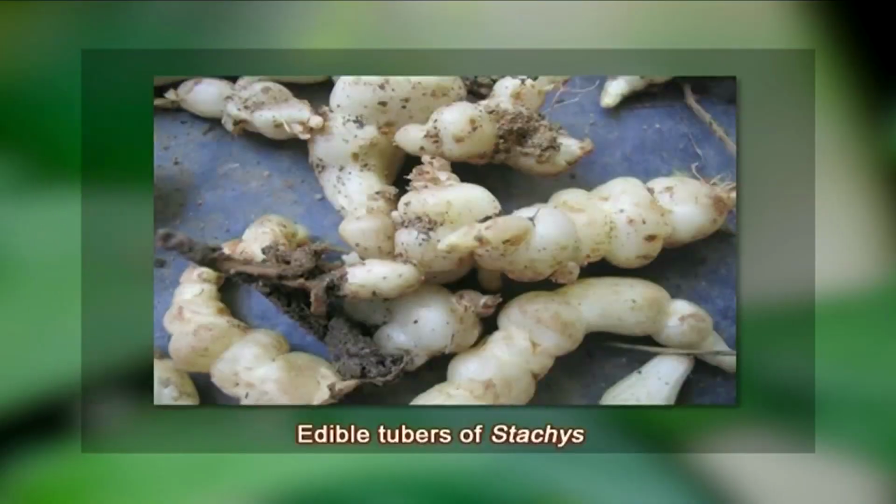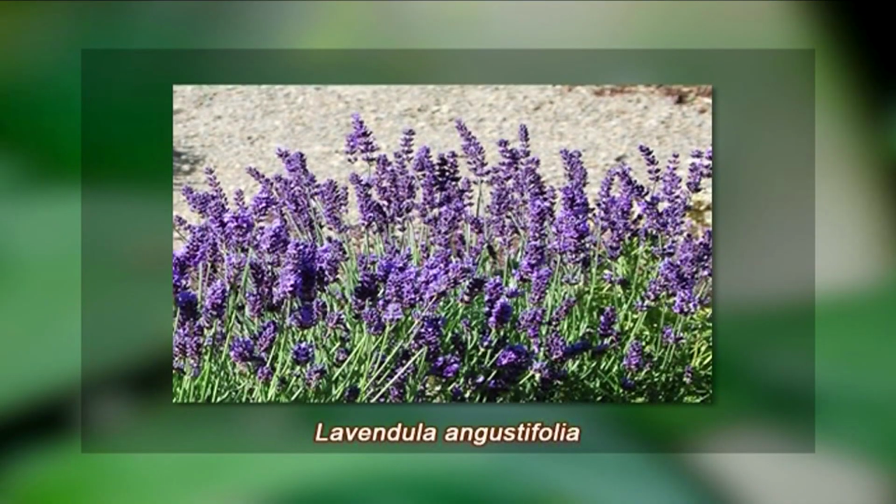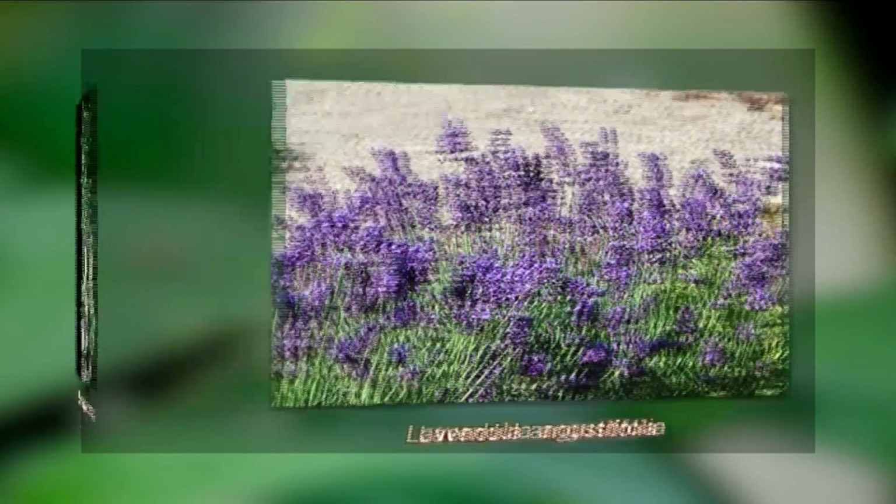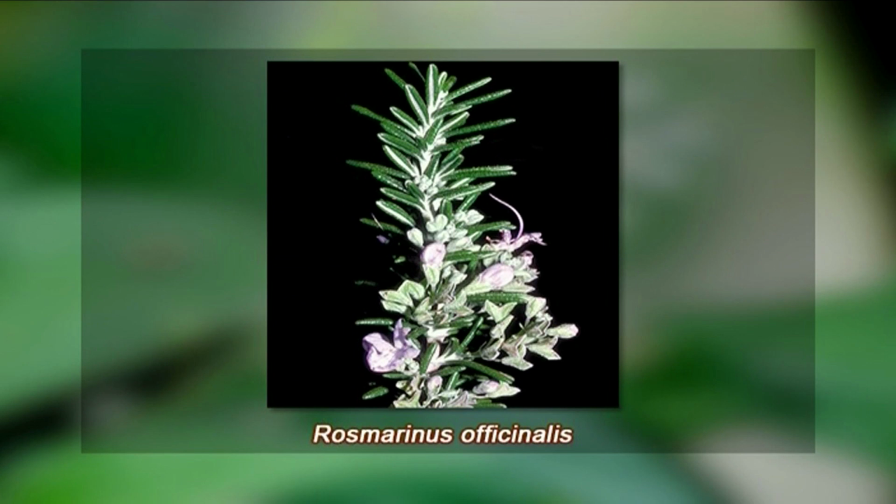The tubers of many species of Lamiaceae, such as Stachys, are edible and are used as food plants. Popular fragrant plants like lavender, scientific name Lavandula angustifolia, or the rosemary, Rosmarinus officinalis, belong to the family Lamiaceae. Several members of the family are cultivated as common ornamentals.